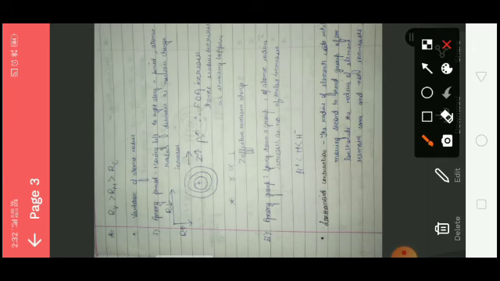if the number of protons in a nucleus increases, the force of attraction increases, as I have drawn a diagram of an atom. I have drawn a nucleus over here, and this is an atom. The number of protons increasing will cause, as we have seen in the basic concepts in the earlier classes, that opposite charges attract each other, and the nucleus has positive charge, you all know, and the electrons have negative charge.